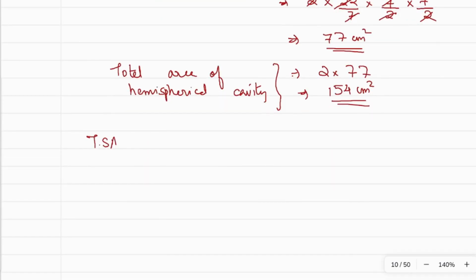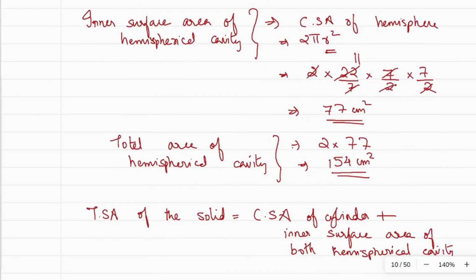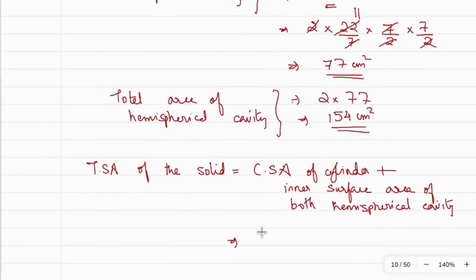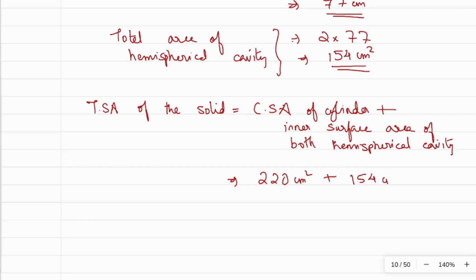Okay, now we have to find the TSA of the solid. TSA of the solid is equal to the CSA of the cylinder plus the total surface area of the hemispherical cavity, or otherwise you can write it as the inner surface area of both hemispherical cavities. Clear? The CSA of the cylinder is 220 centimeter square plus the total area of the hemispherical cavity, which is 154 centimeter square.